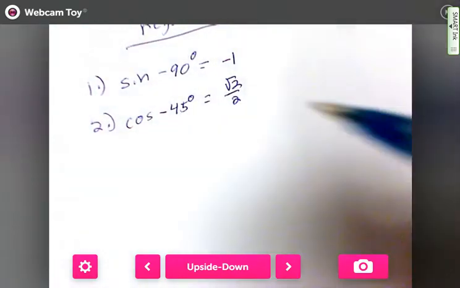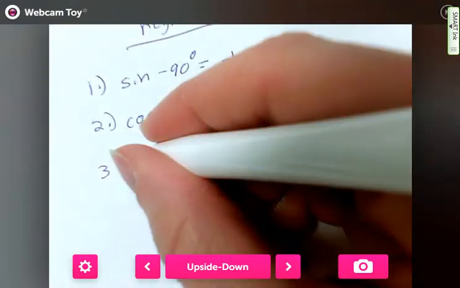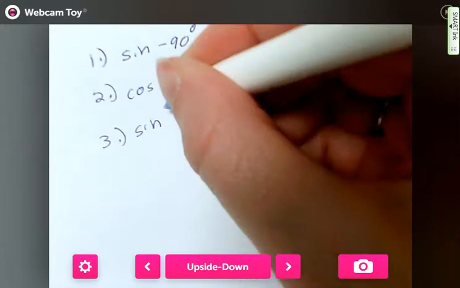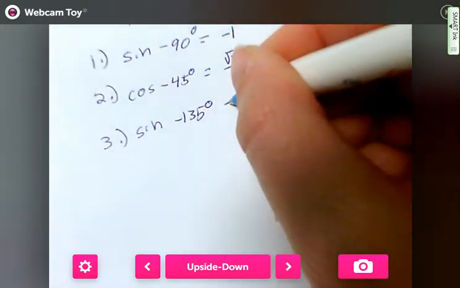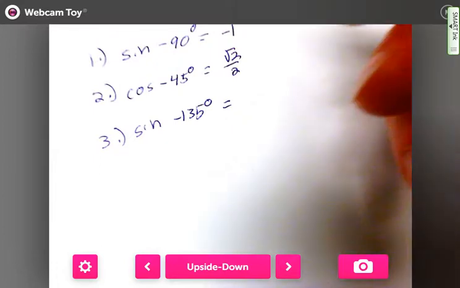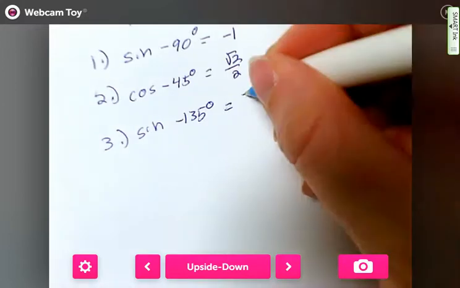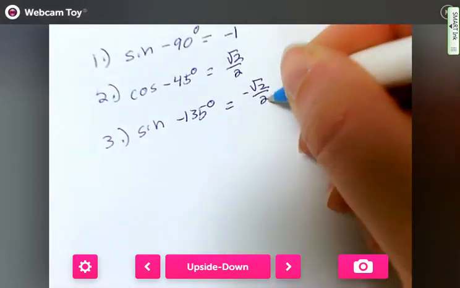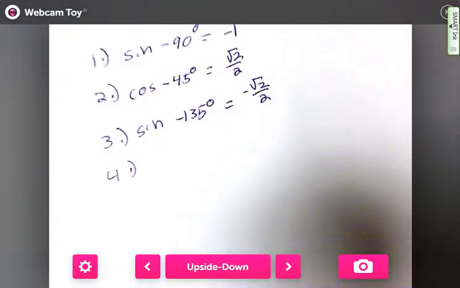All right. Let's try another one. What is the sine of negative 135? Who's got the answer? Okay, Layla. What's the sine of negative 135? Negative square root 2 over 2. Okay.